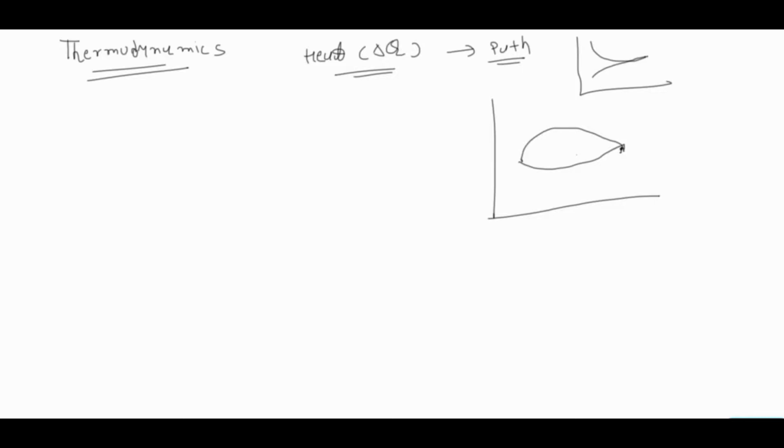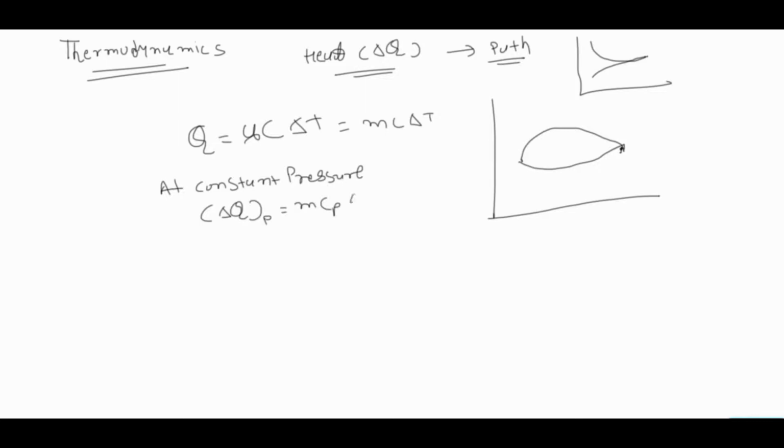Now we have two types of heat. For the gases, when heat is absorbed, the temperature changes, and the amount of heat Q is mu C delta T, or we can say mC delta T. Now if we talk about constant pressure, then delta Q at constant pressure is equal to mCp delta T. Here Cp is specific heat at constant pressure.